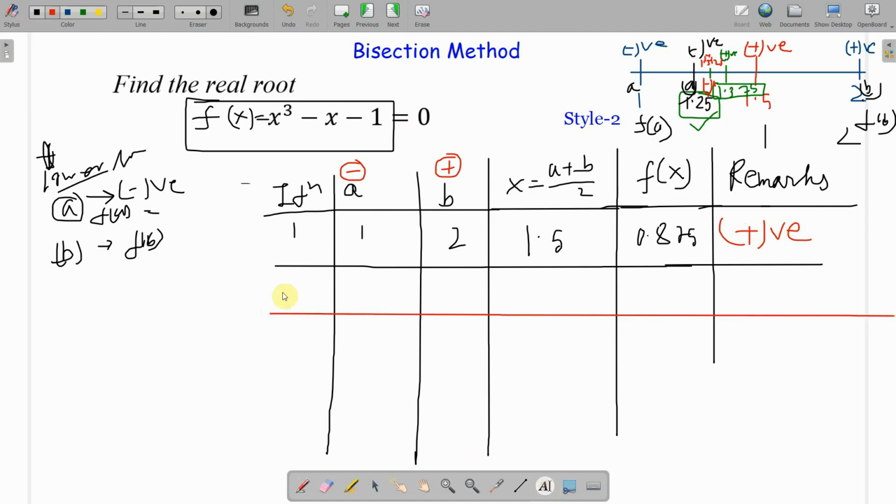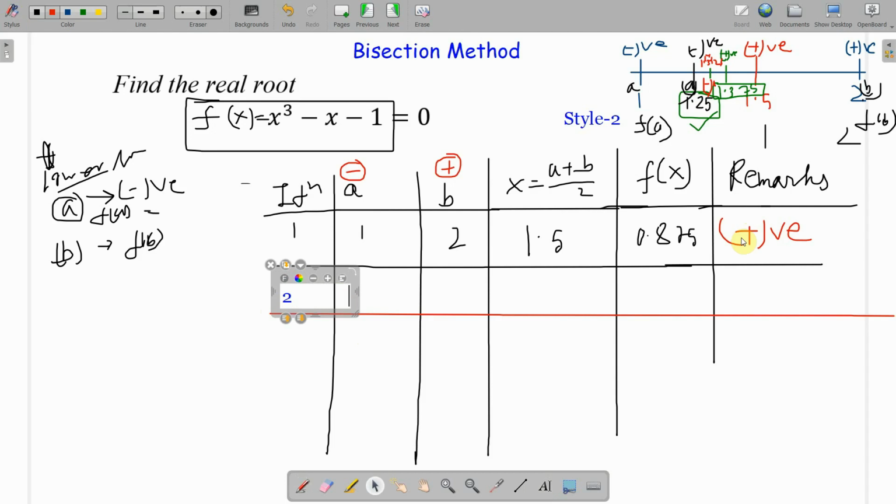Now for the second iteration, as this one is coming positive, what will happen? 1 will be a and 1.5 will be b.